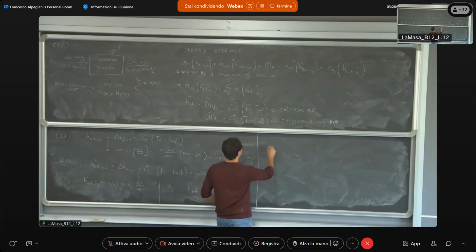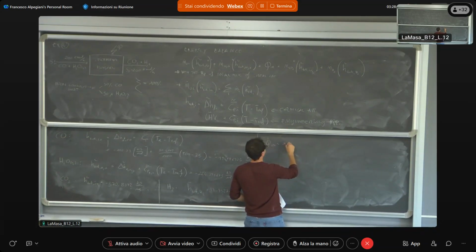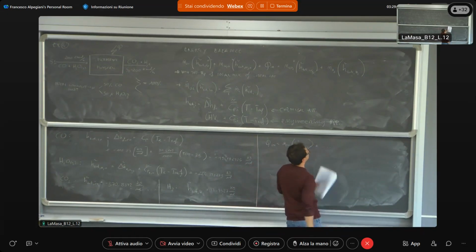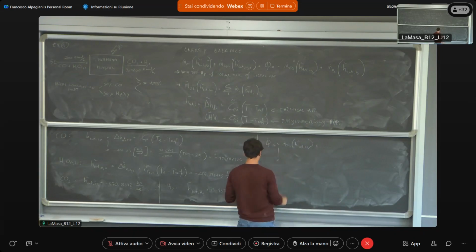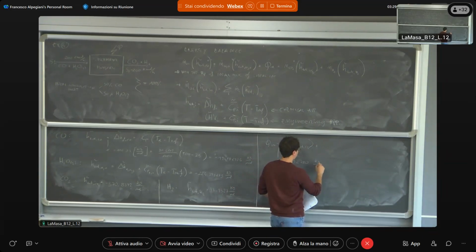Q in will be equal to NCO2 times H dot CO2 plus etc. By just solving the energy balance, you obtain a value equal to minus 365.2780 kilojoule per hour.